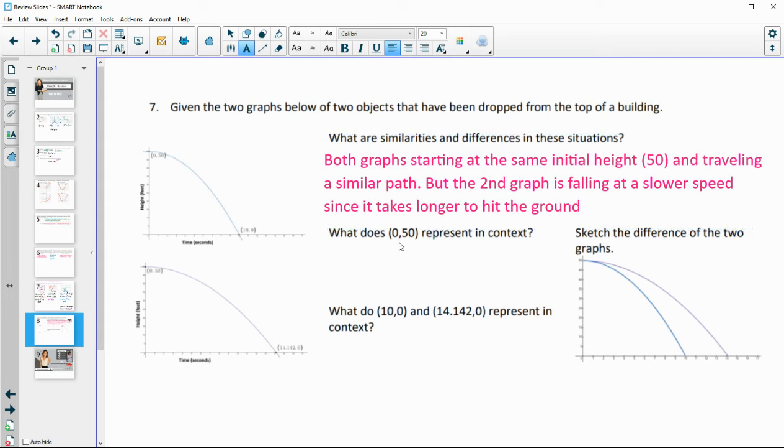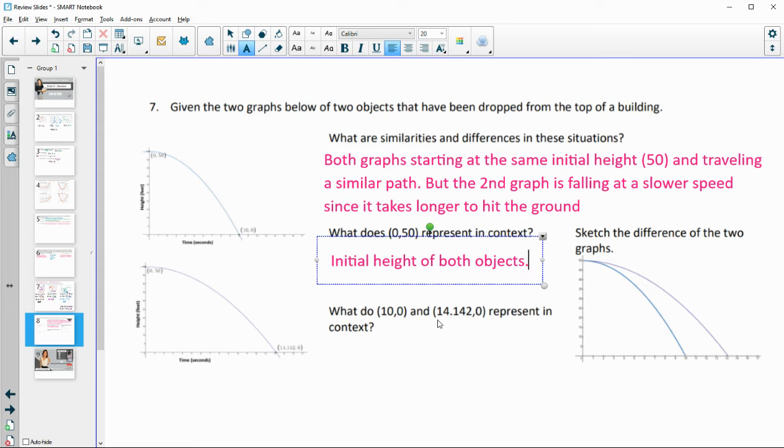So what does 0, 50 represent in this context? Here's 0, 50 in each one, and that would be the initial height, or how high they're being dropped from. They're being dropped from the top of a building, so 50 feet is how tall the building is.